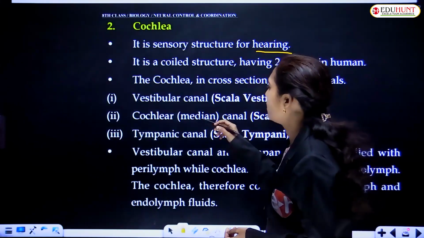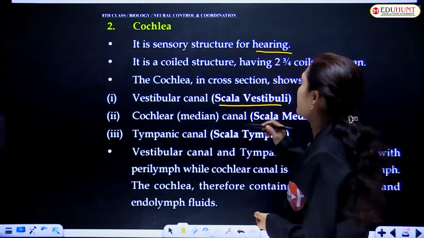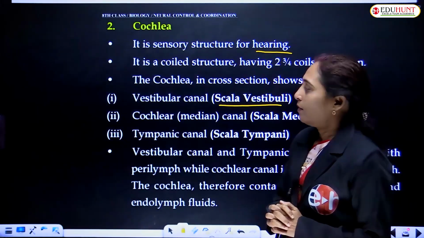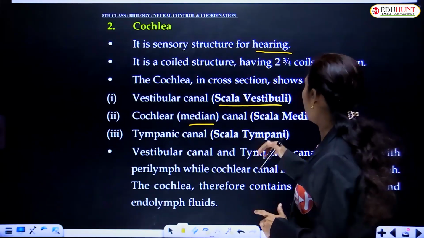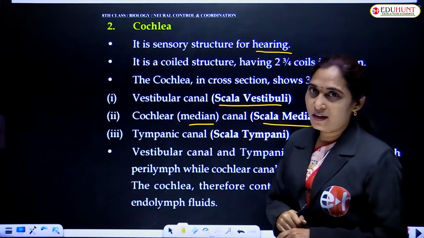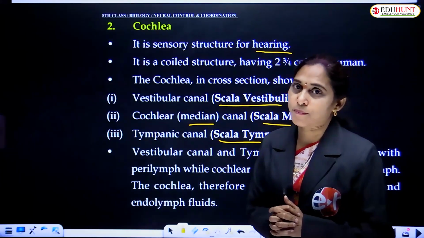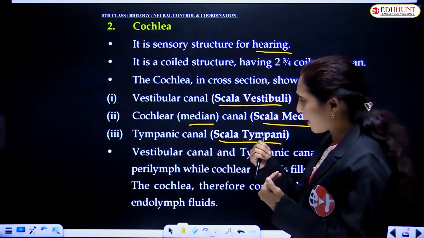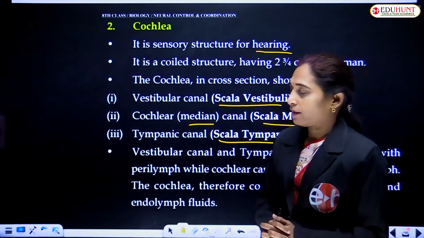Just now we have seen the vestibular canal, also called scala vestibuli. Next is the median canal, called the cochlear canal or the scala media. Third is the tympanic canal, or the scala tympani. So these are the 3 canals of the cochlea.